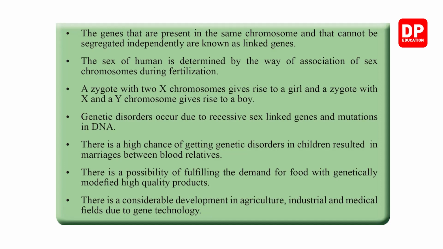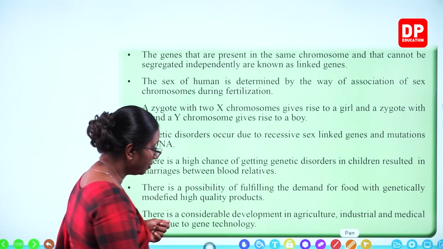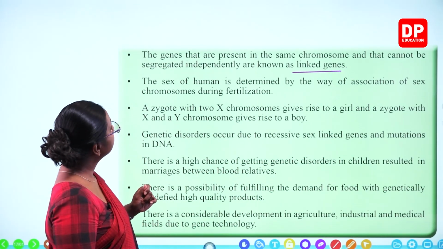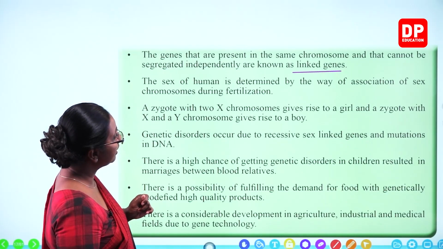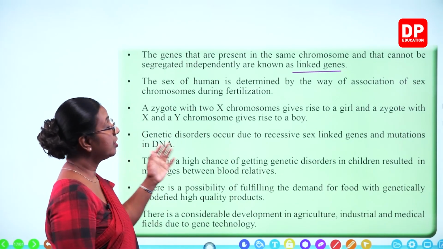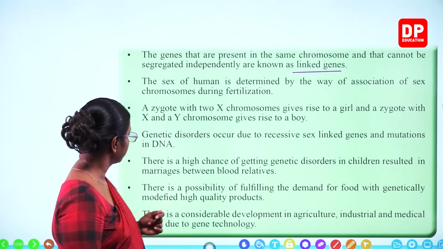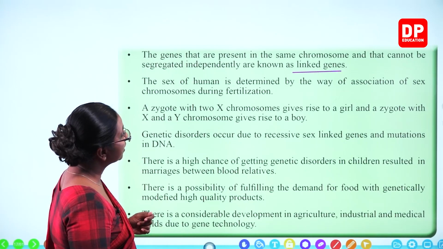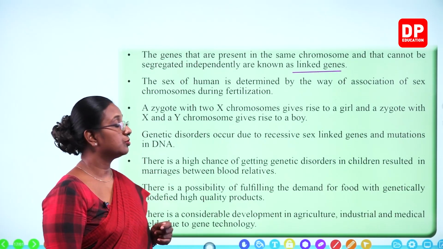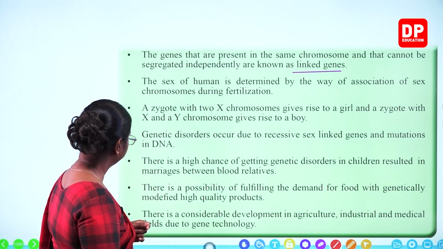There again we have the summary. The genes that are present in the same chromosome and that cannot be segregated independently are known as linked genes. And you all know Morgan introduced gene linkage. Then the sex of human is determined by the way of association of sex chromosomes during fertilization. So you are familiar with X and Y chromosomes. A zygote with two X chromosomes gives rise to a girl, and a zygote with X and Y chromosomes gives rise to a boy.